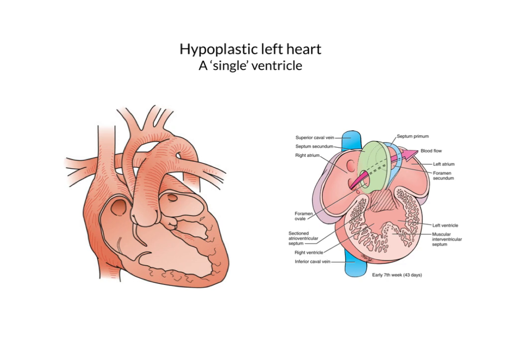Now, if a child is diagnosed prenatally with this condition, it's very important to take certain steps before you ultimately repair it. And these are pharmacological steps whereby you need to prevent the ductus arteriosus from closing, and you can do this with certain drugs that you'll probably learn about.